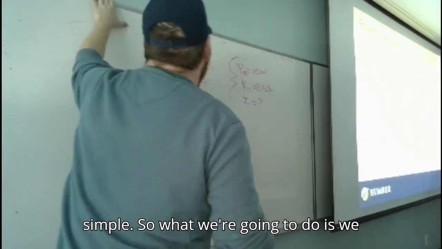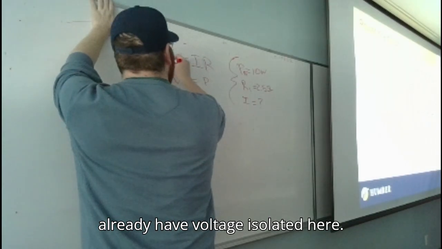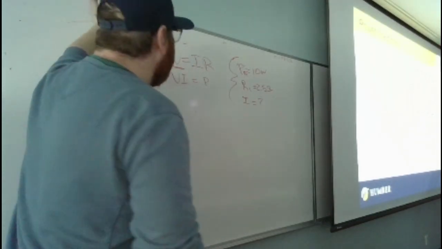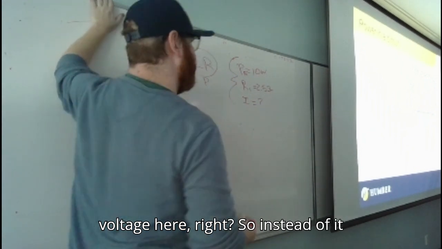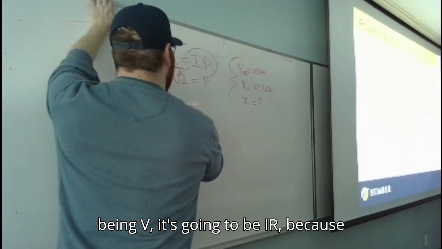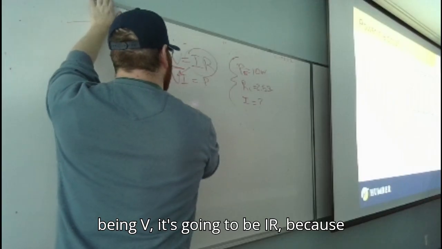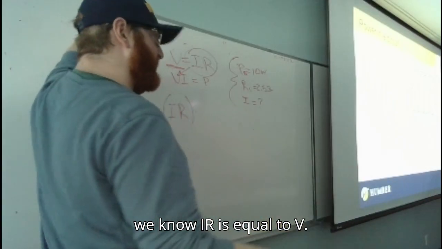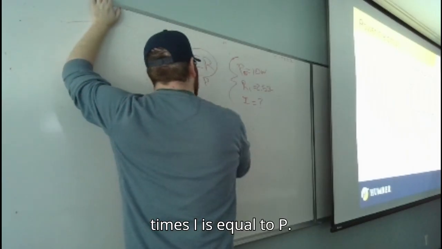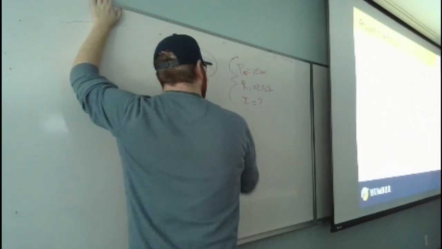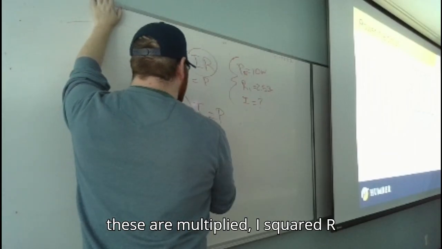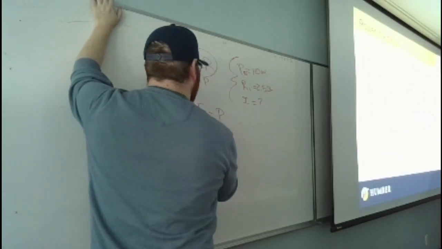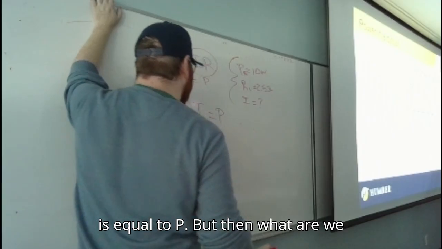Keep it simple. So what we're going to do is we already have voltage isolated here. We're going to plug this into the voltage here, right? So instead of it being V, it's going to be IR, because we know IR is equal to V, times I is equal to P, right? So that's going to give us, because these are multiplied, I squared R is equal to P. But then what are we looking for?